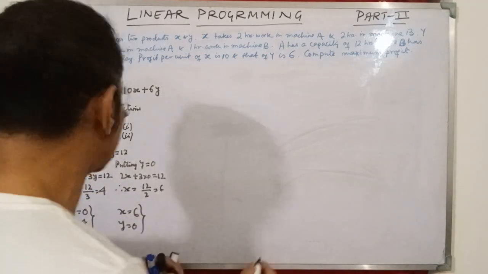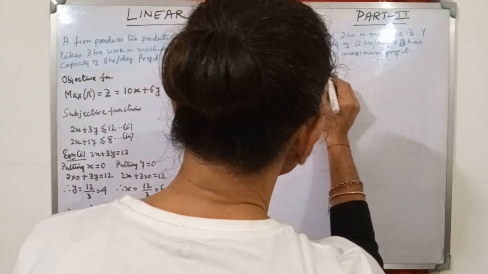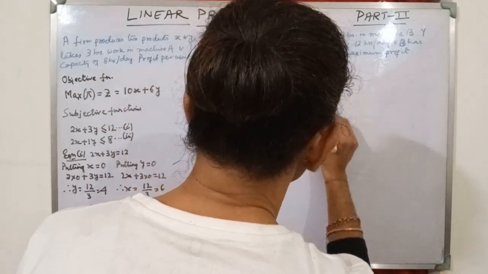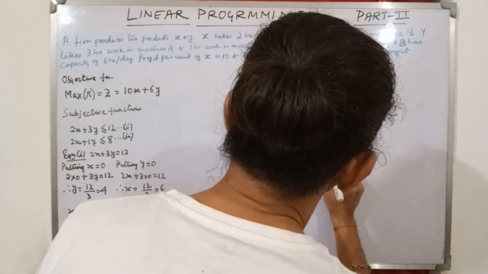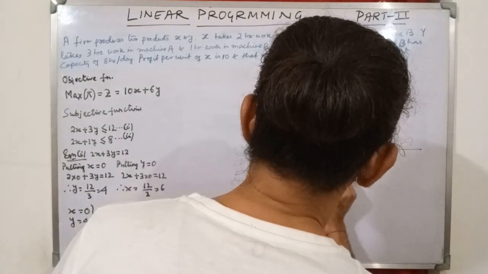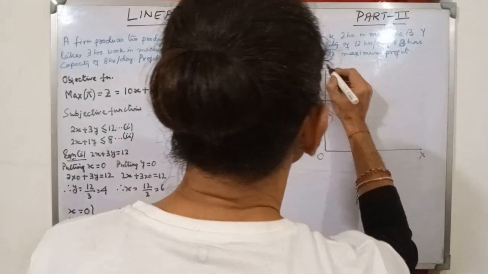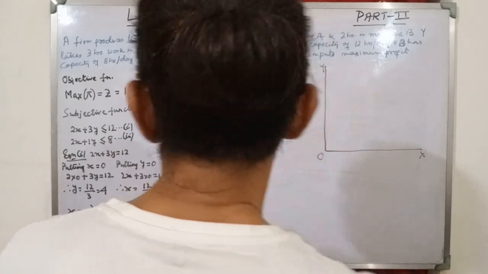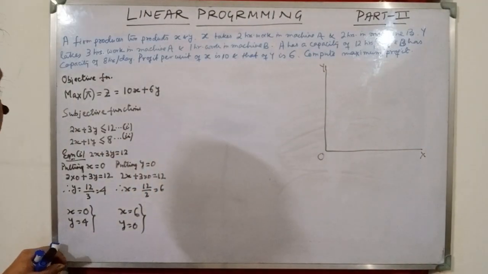Now we shall put these values on the graph paper. Although it is not a graph paper and I am not drawing the diagram to scale, because you can solve it algebraically. x 0, y 4.